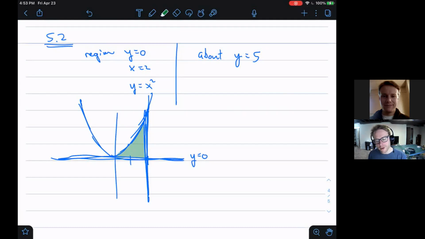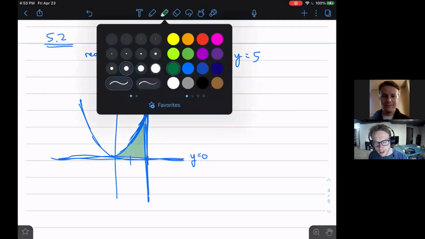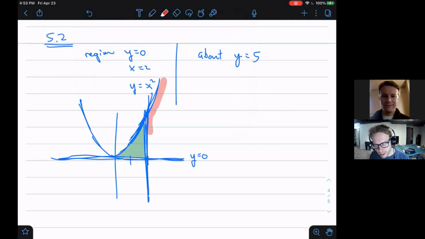Notice that there is another region that touches all three curves, especially if you were to take this out a little bit. This region over here touches all three curves, y equals 0, x equals 2, and y equals x squared. So the key word here is bounded. Bounded means that it's enclosed by the three curves, that it doesn't go off to infinity, that it's completely trapped by these three curves.